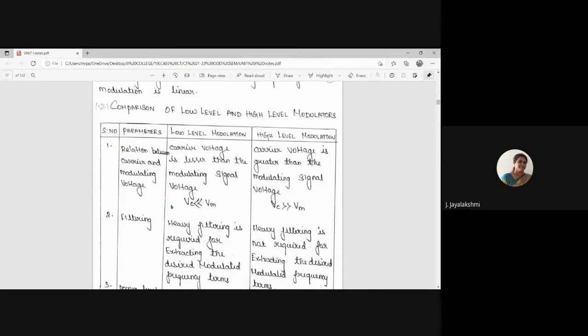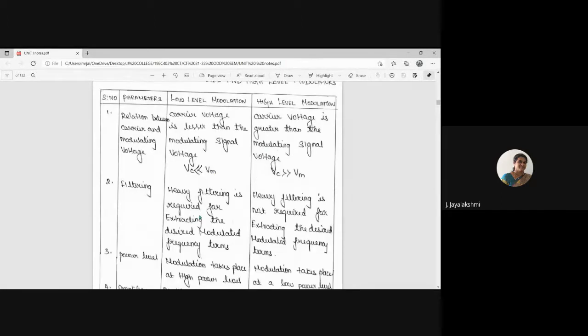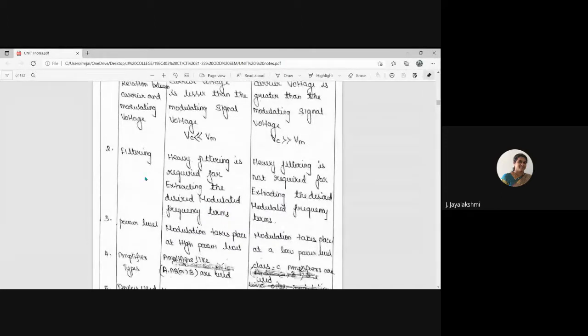If VC is less than VM, then it is called low level modulation. If VC is very, very high when compared to VM, then it is called high level modulation. Coming to the filtering, in low level, heavy filtering is used for extracting the desired modulated frequency terms. In high level, heavy filtering is not required for extracting the desired modulated frequency terms.